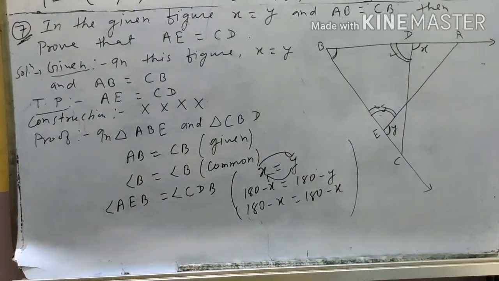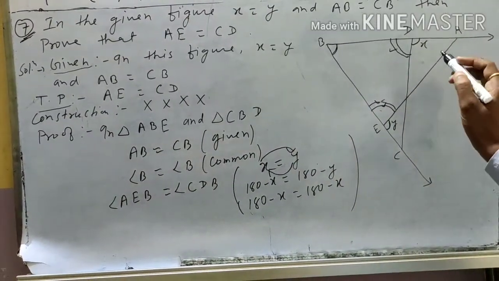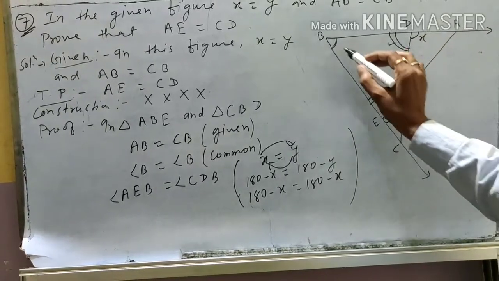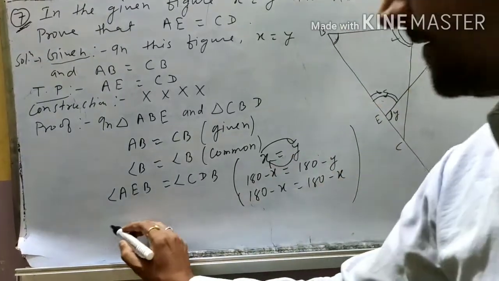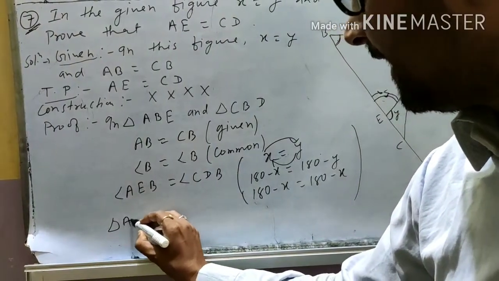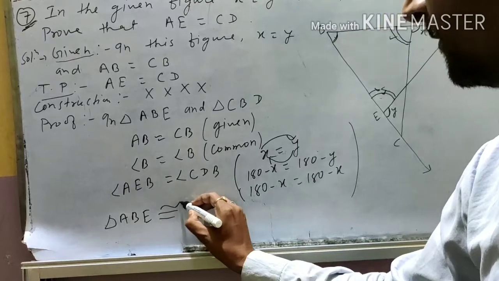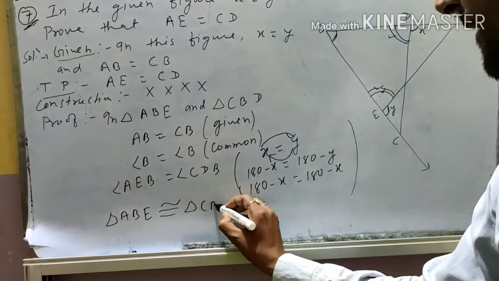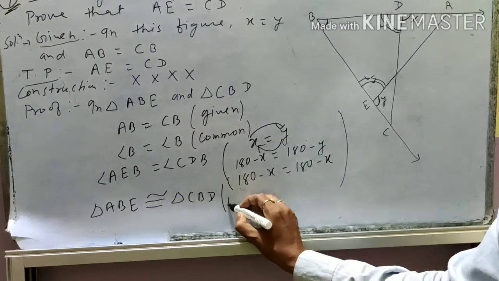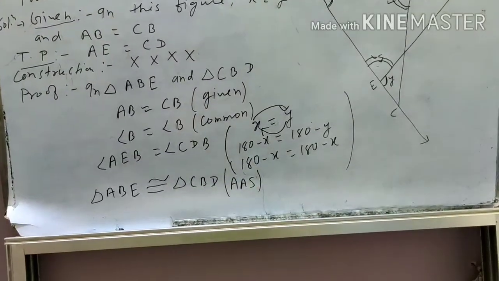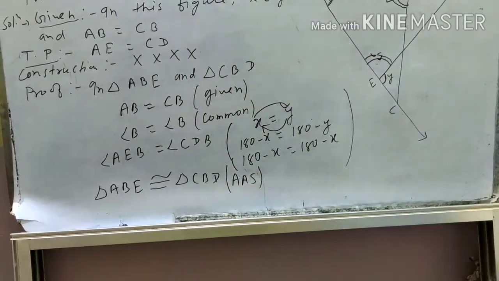Okay, so which criteria? Angle, side. Triangle ABE is congruent to triangle CBD by angle, side criteria; these two triangles are congruent.